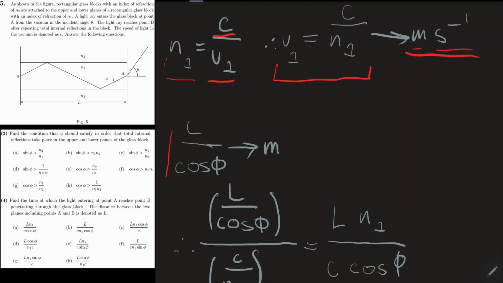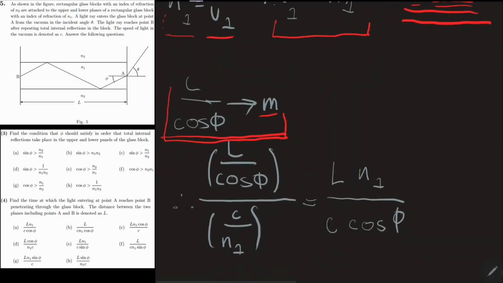And then when we found the distance here, of course it's a distance, so it's just in meters. And so if you have meters per second, and you also have meters, and we're trying to solve for seconds, I think hopefully you can pretty clearly see that if we take our distance in meters and we divide it by our speed in meters per second, the only unit you will be left with is seconds.